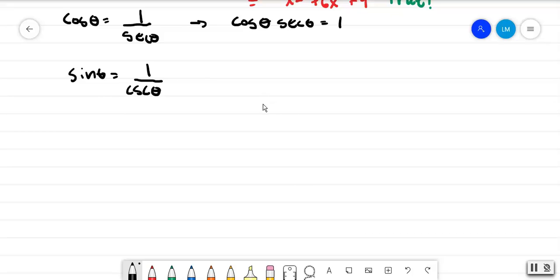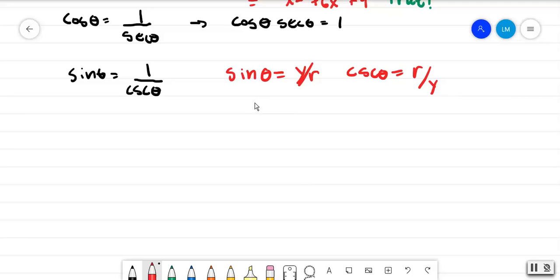Now, one way that we could prove these statements is to say that sine theta is y over r. But you also know that cosecant theta, by definition, is r over y.